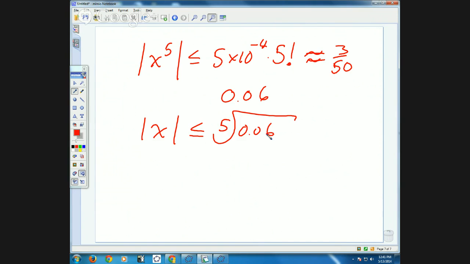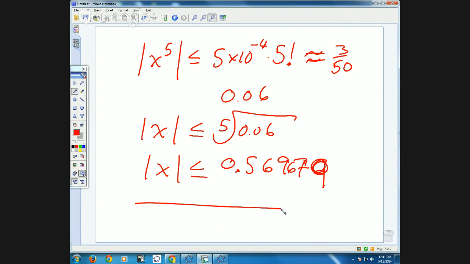What's the fifth root of 0.06? It's 0.569679. So the absolute value of x has to be less than or equal to that.